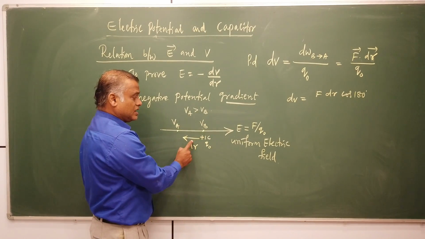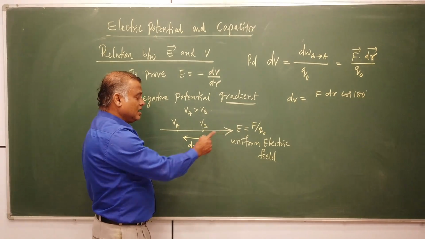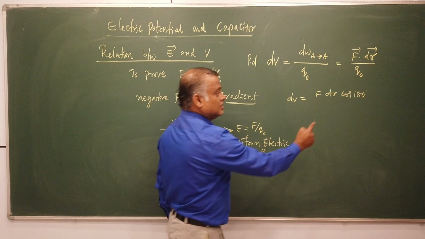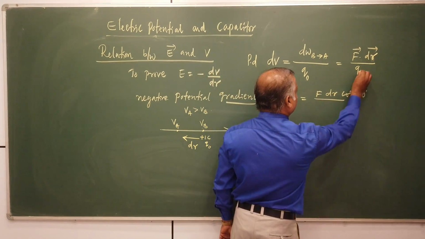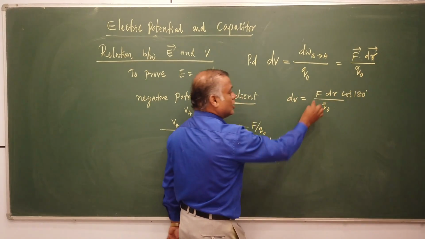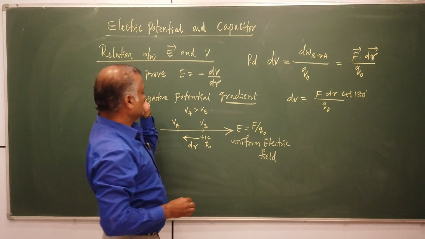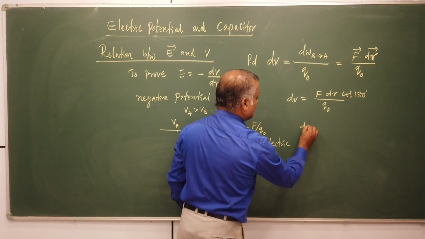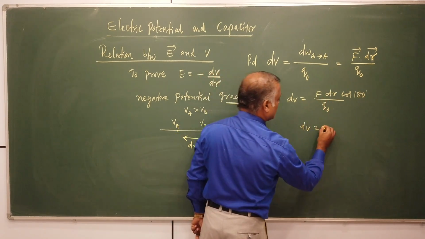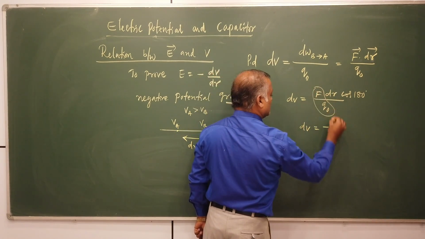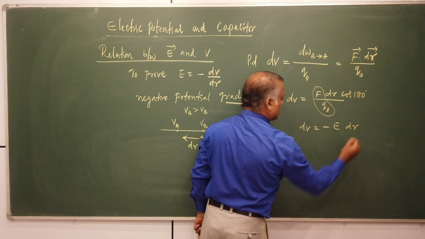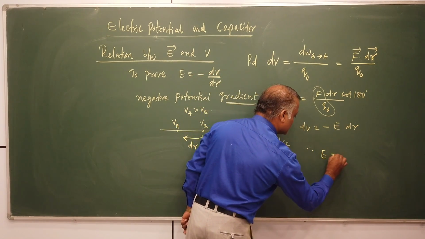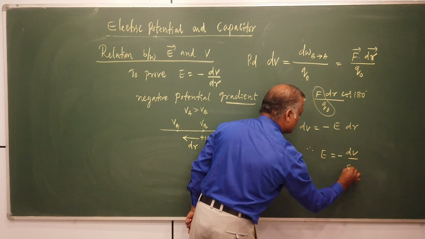Now it is 180. Electric intensity and the displacement of the charge are opposite in direction. Theta is 180, divided by Q naught. What does this F by Q naught give? F by Q naught gives electric intensity. Therefore, dV is equal to minus E into dr. Therefore, this electric intensity is minus dV by dr.